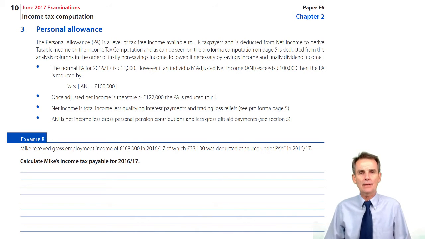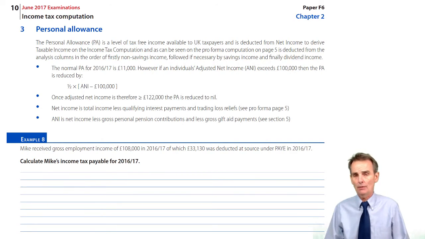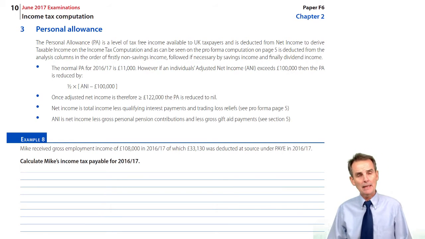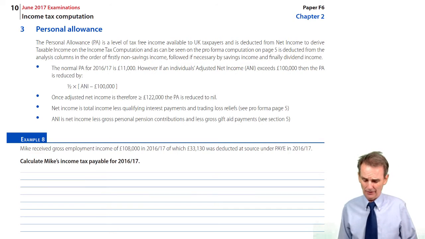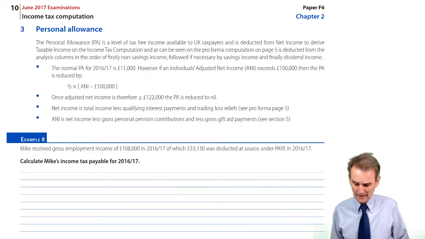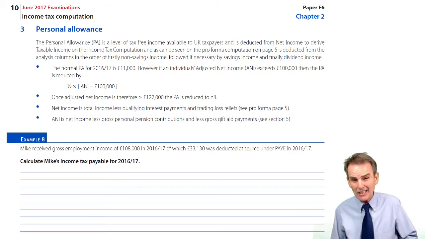We mentioned, however, that that was the usual personal allowance, and depending on what income you had, you may suffer some loss of a part or indeed the entirety of that personal allowance. And that's the part now that we've got to look at here in section 3 of these notes on chapter 2. As we've just said, what is the personal allowance?